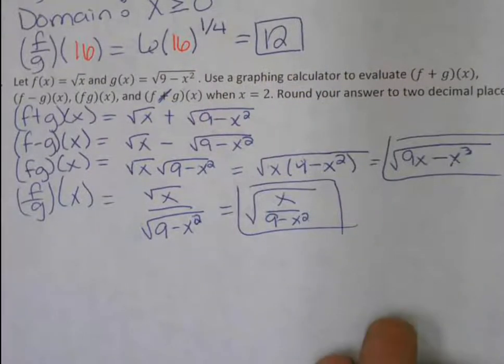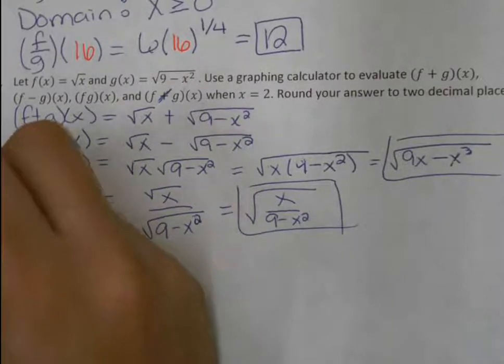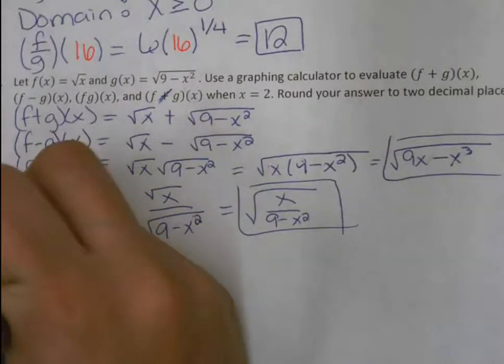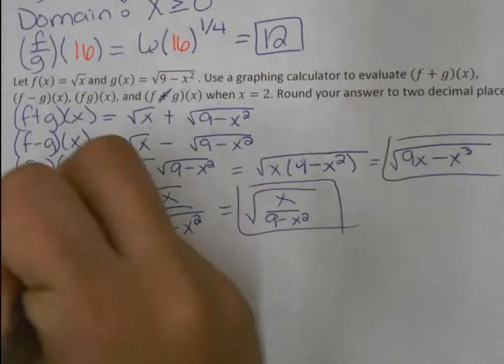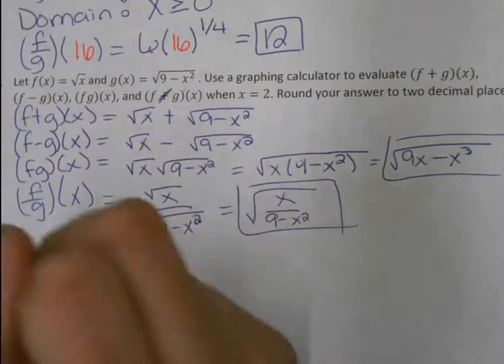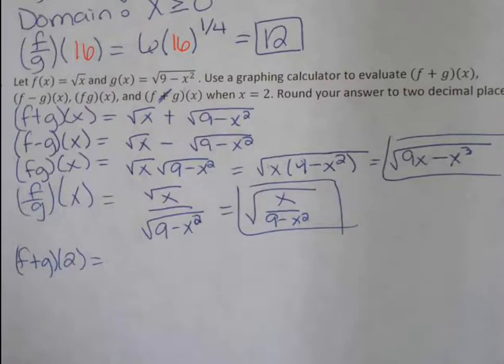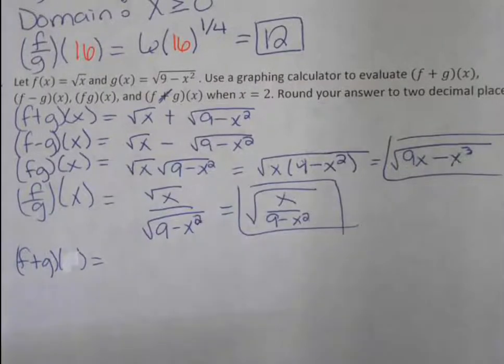There's nothing to put in the calculator because there's a variable still. So now I'm going to plug in, what number is it having me plug in, 2? Once I plug in the 2, then I can plug it in the calculator.